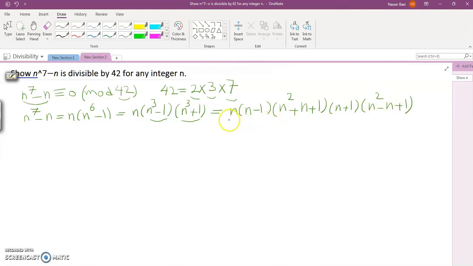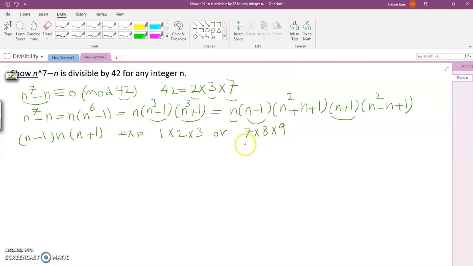In this part, we have three components of n minus 1 and n plus 1. So we can write them in such a way: n minus 1 times n times n plus 1. These three components are three consecutive numbers, like for example 1 times 2 times 3, or you can consider something like 7 times 8 times 9.